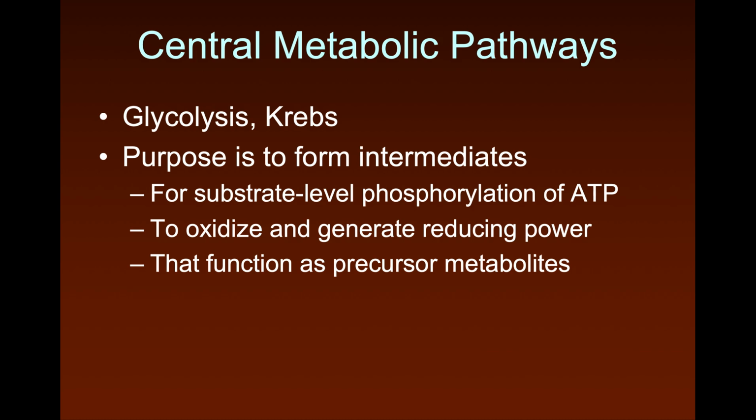Secondarily, to oxidize and generate reducing power. This is in the form of these reduced electron carriers, NAD to NADH plus H plus, and FAD to FADH2. And then finally, these intermediates that can function as precursor metabolites. These precursor metabolites, we've talked about them before, but they can be pulled out of any of these processes and then be put into alternate processes, either fermentation for a very quick production of ATP or even biosynthesis.